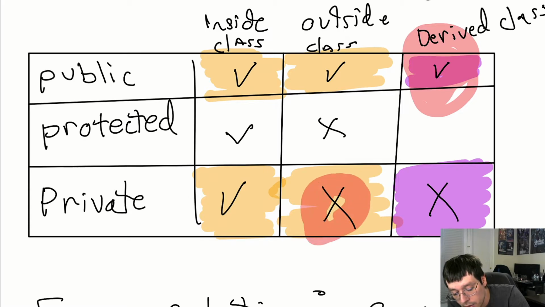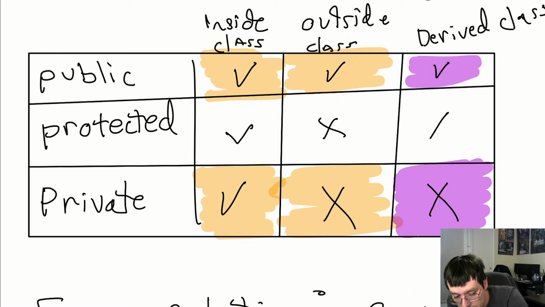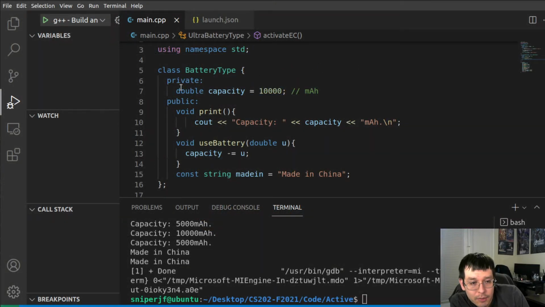But obviously we don't want this or this, right? And so the middle ground is going to be, of course, for protected to be there. Because protected does not let people outside of the class access your code, but does let derived classes access the code. So it's that middle ground that we want and are looking for. So protected to the rescue. And so that's how we solve our dilemma.